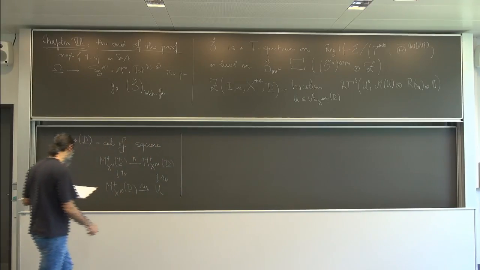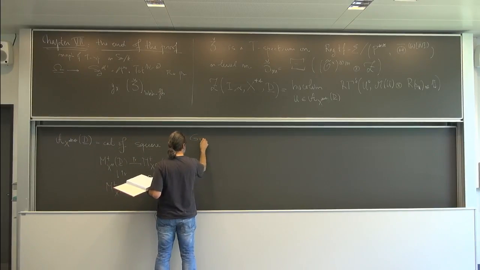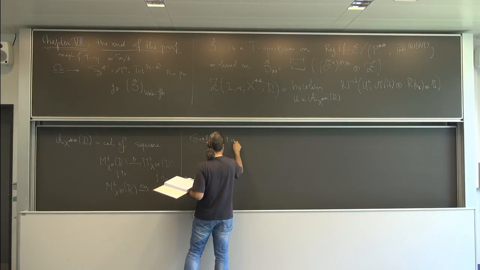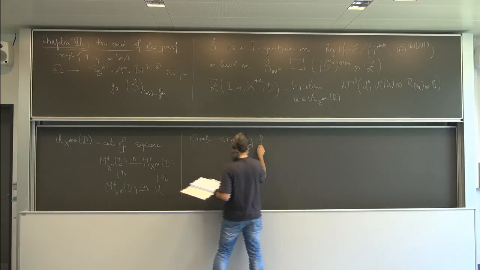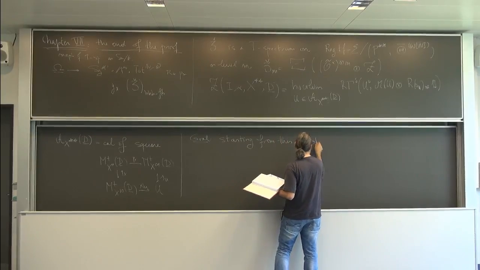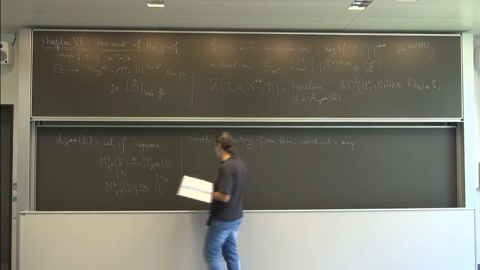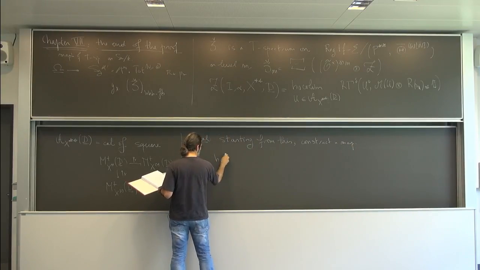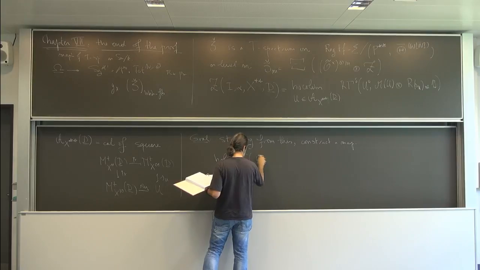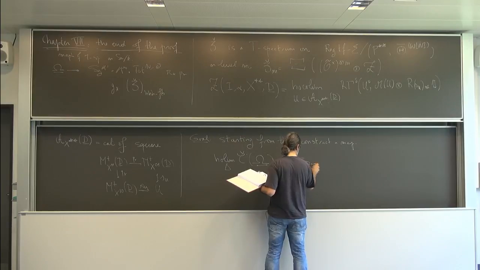All right. So this is what we have, and so the goal of this chapter is somehow, starting from this, we want to construct a map or morphism of spectra from the homotopy limit of the Čech complex associated to omega to this truncation of omega.